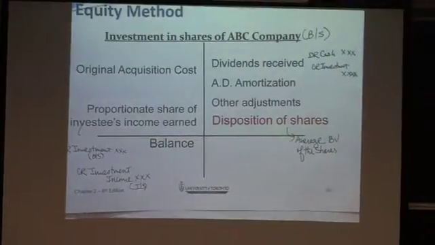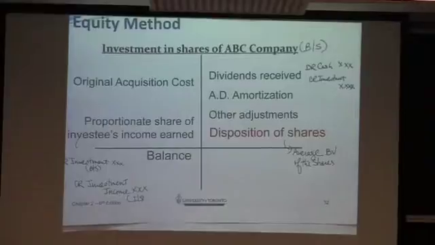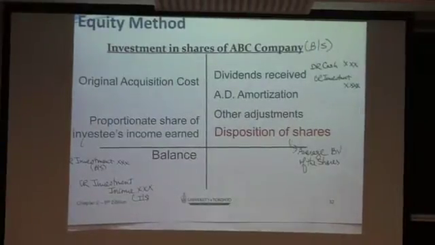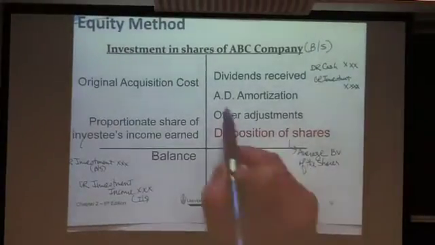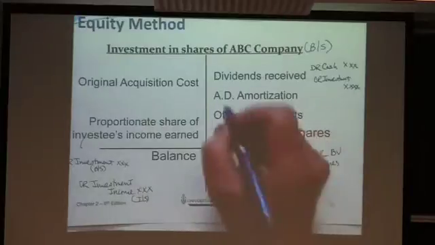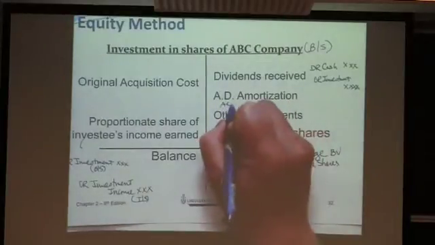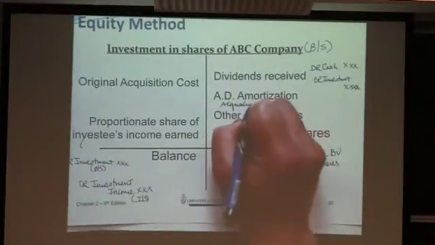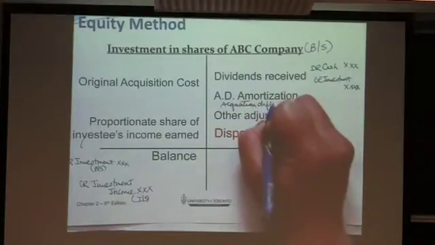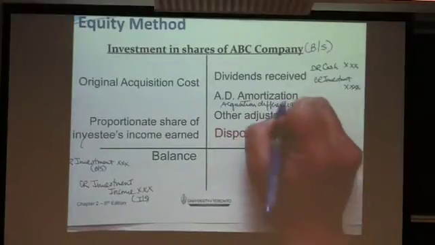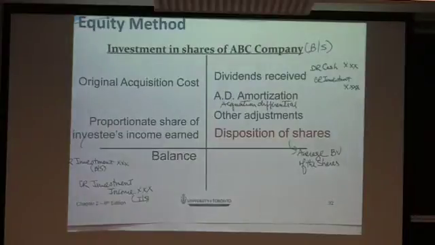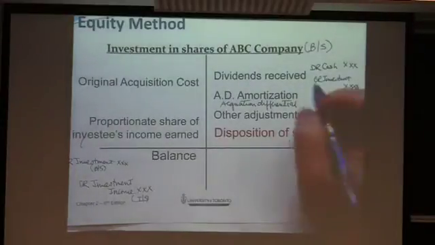I'm going to divide that by the number of shares to calculate the value of the 10 shares. Now, this acquisition differential, this is what it's called, acquisition differential amortization, what is that? Well, let's take a look at this one in greater detail.